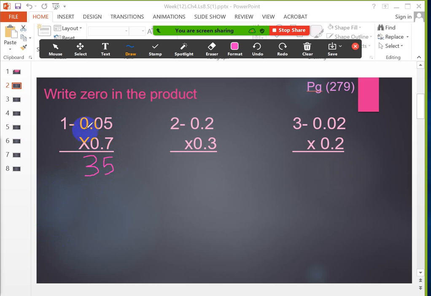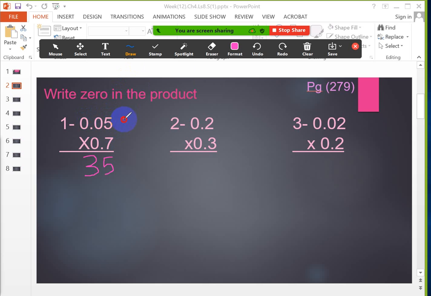Of course, I will not multiply the zeros here. So just the numbers. Now, after that, I will put the decimal point. Girls, how many digits I have here in the first number? In the first number, I have 2 digits, 2 places after the decimal point.